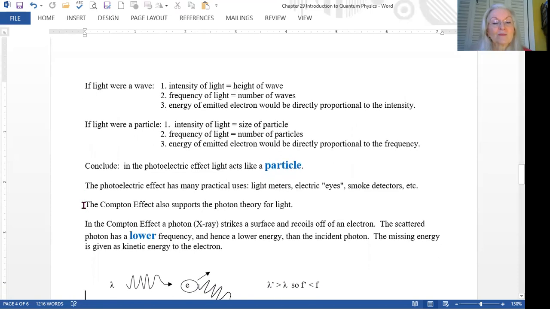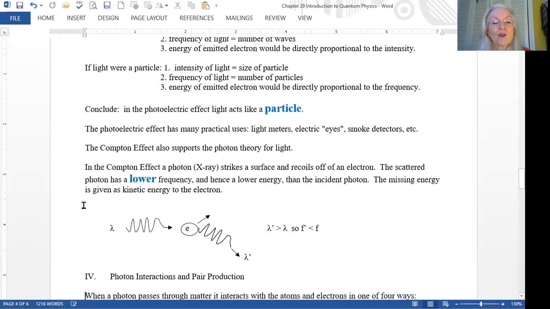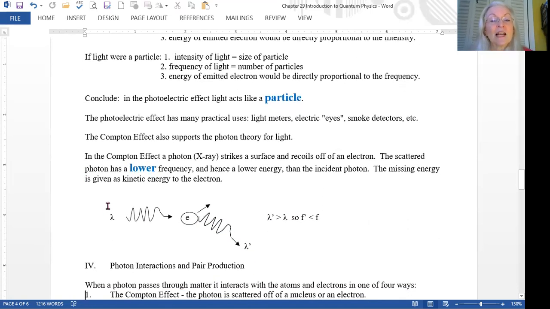All right. So the Compton effect also supports the photon theory of light. In the Compton effect, an X-ray, which is a photon, strikes the surface and bounces off of an electron. So here's our incoming X-ray. Here's that electron minding its own business. When the X-ray strikes the electron, the X-ray bounces off and the electron also moves off.